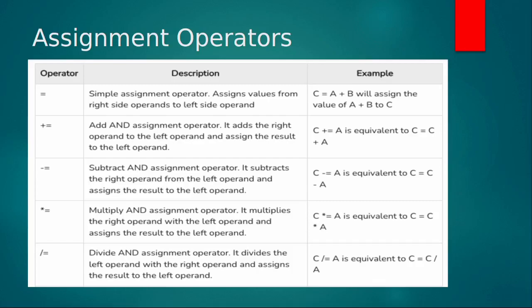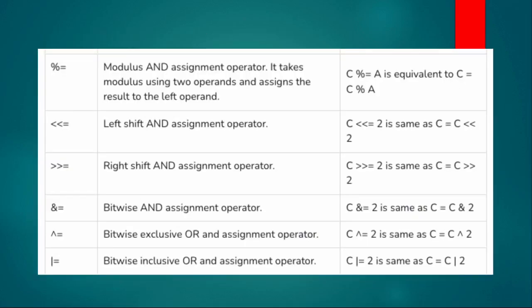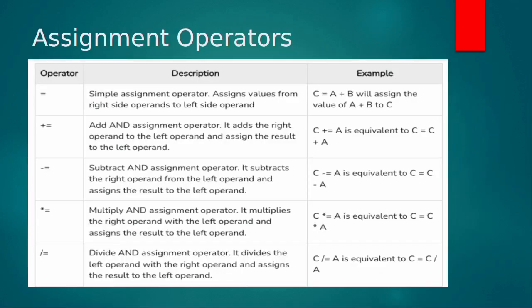They are all variants, and of course there is also the bitwise variant, and also the modulus equal. They are combinations of the assignment operator with arithmetic operators and bitwise operators.